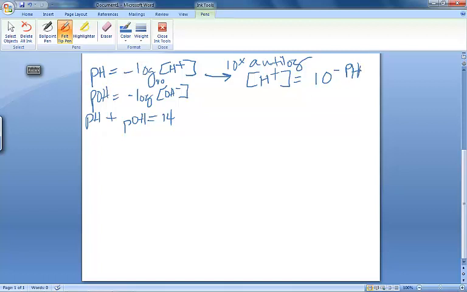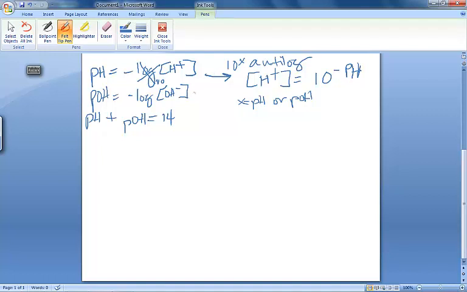And I would take the negative log here, and I would get rid of it by taking the anti-log, and I would do the same thing on this side to the pH, and that's how I get 10 to the x. X is your pH value, or your pOH value. So H plus is equal to 10 to the negative pH power.